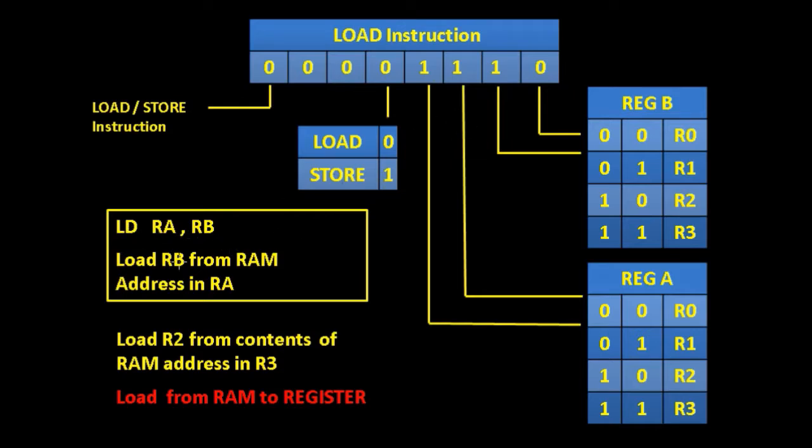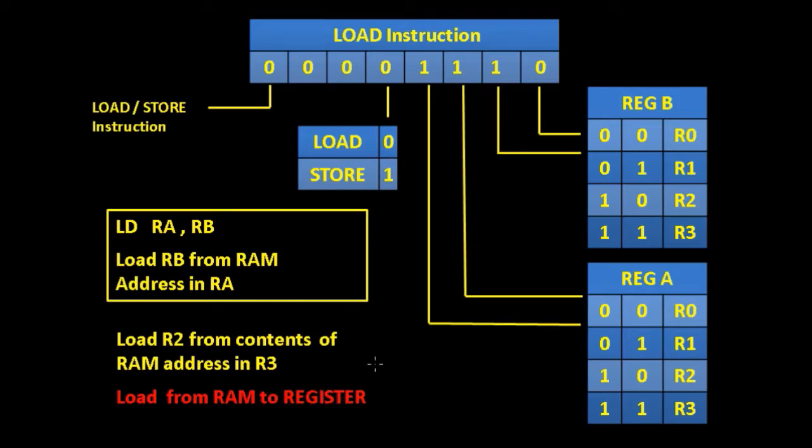What this tells us is that we want to load the register RB from the RAM address that's pointed to in RA. So we want to load up register R2 from the contents of the RAM address which is pointed to in register R3. So load is from the RAM into a register.